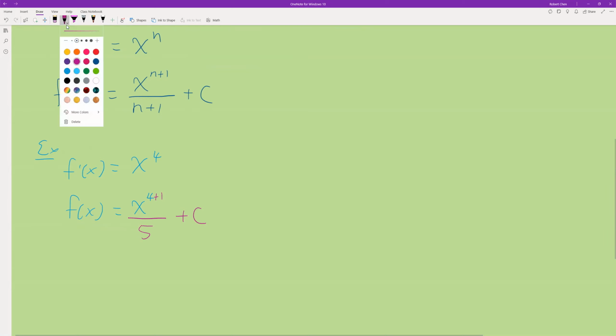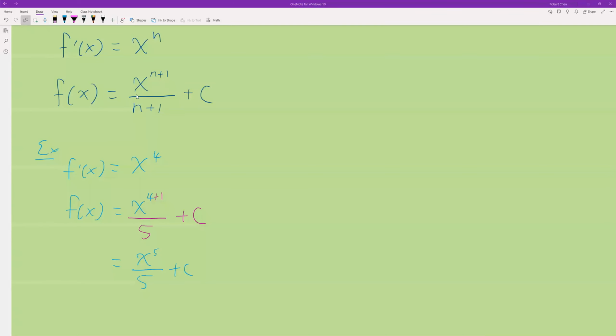Let's simplify this. That's just x to the 5th over 5 plus c. So this is the power rule in reverse.